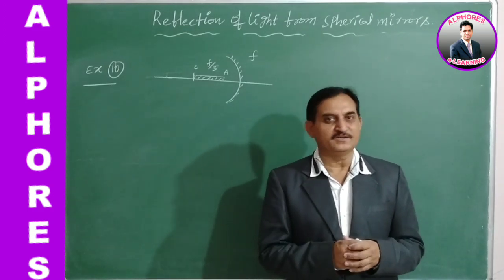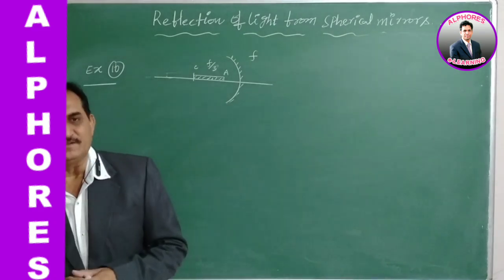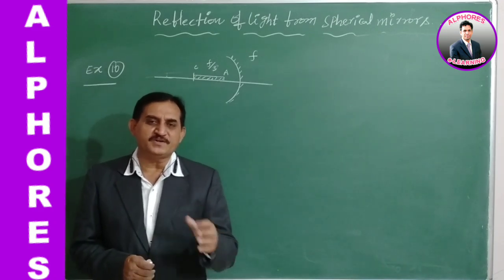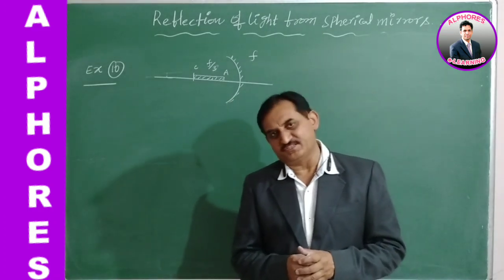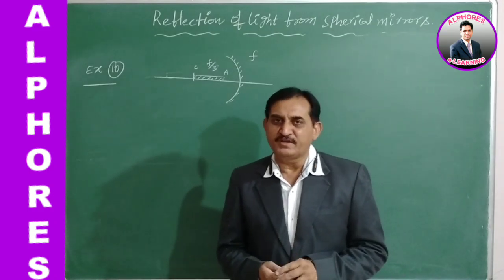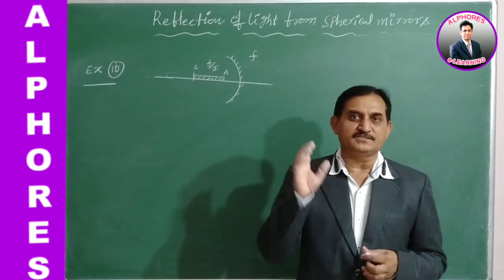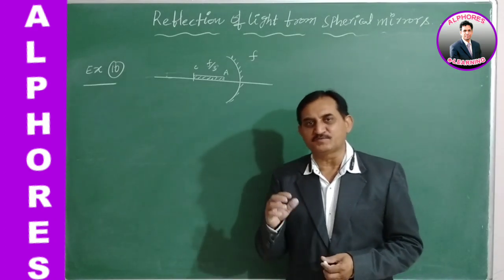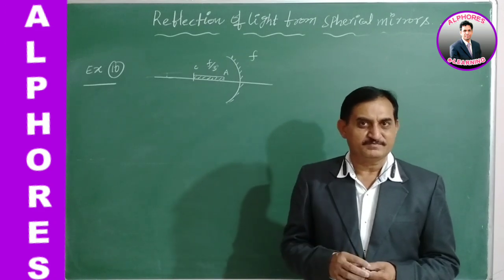Then find the magnification. Okay, so here in the question we have to get a logic point. Under which situation will the image touch the object? It is possible whenever one end of this object is at the center of curvature of the concave mirror. Why? Because whenever the object is kept at the center of curvature, its image is also formed at the same place.